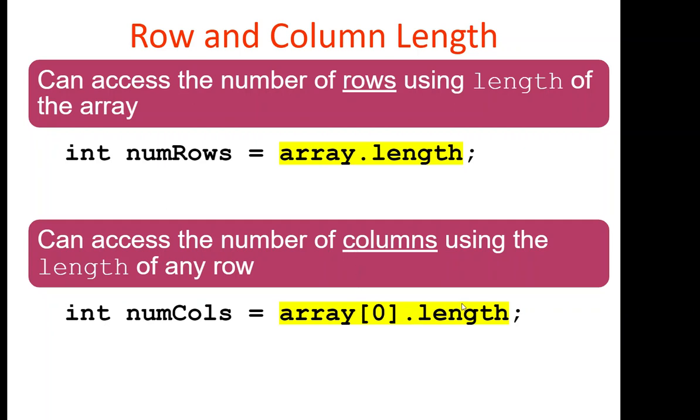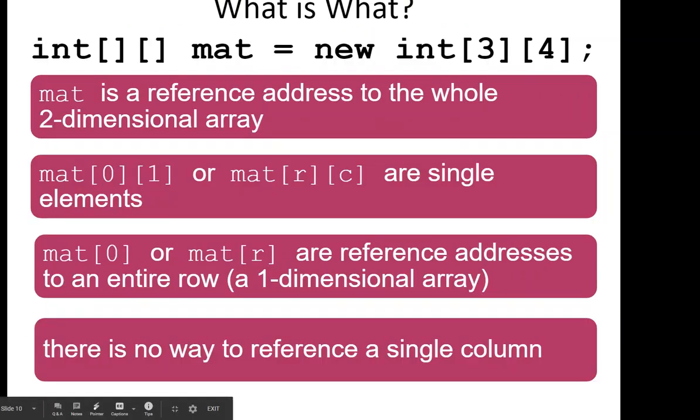Now, it is possible for a two-dimensional array to hold different length arrays, but we're going to always be using rectangular arrays. So when you think about data storage, mat in this case is a reference to the address of the whole array.